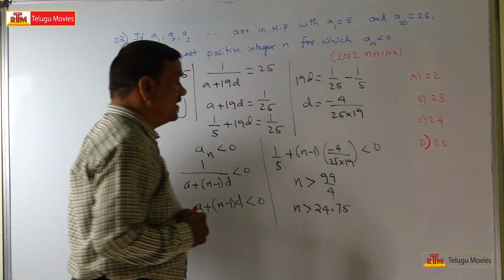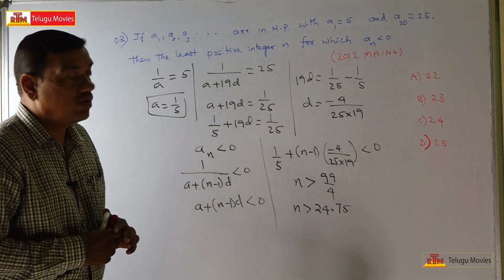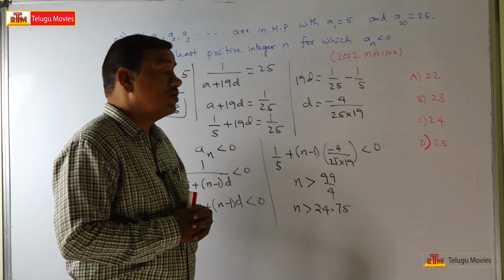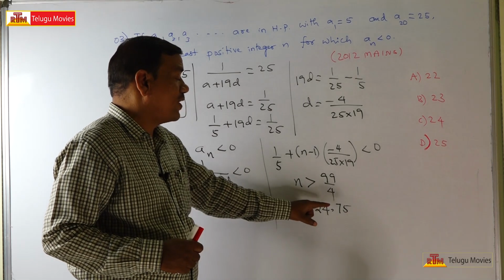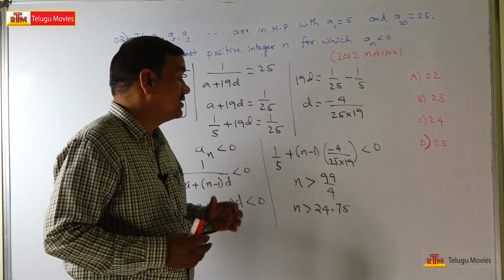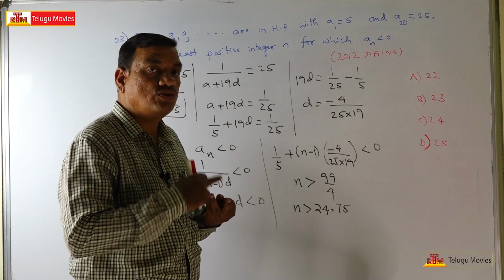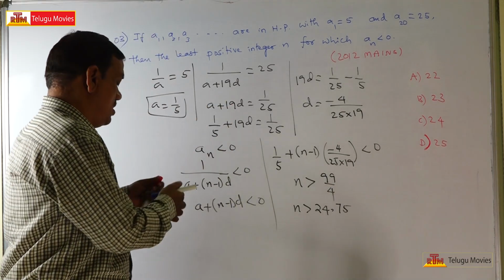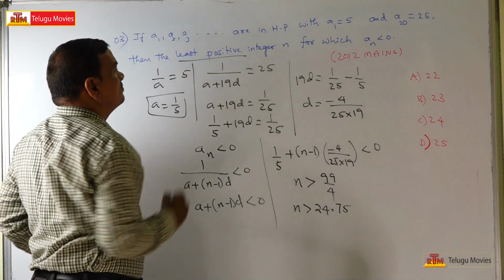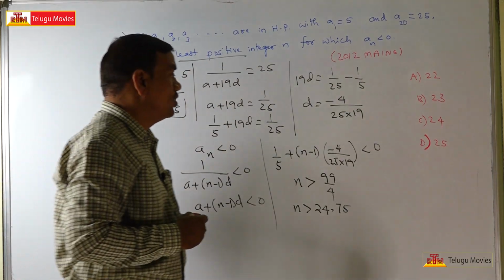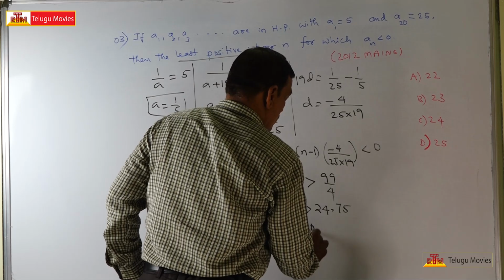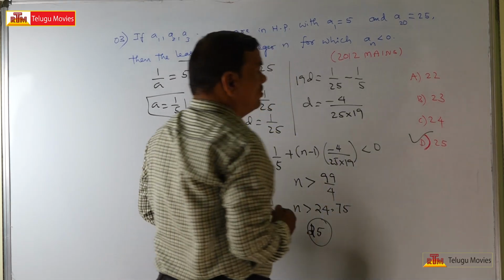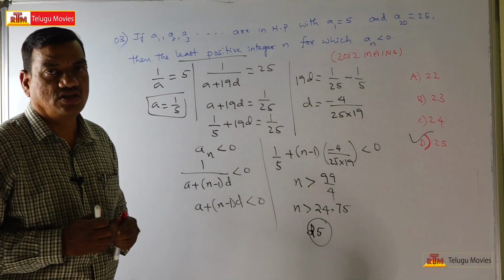So, 99 by 4 value is equal to how much? 24.75. What are the integers greater than 24.75? 25, 26, 27, all infinite integers you will get. Out of that, the least positive integer is 25. Therefore, 25 is the answer.